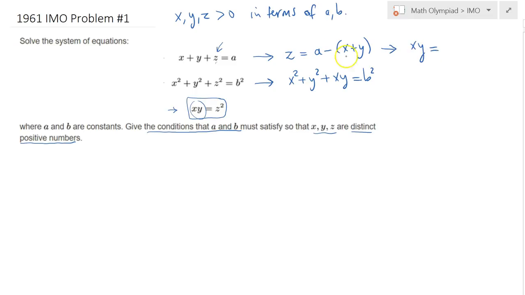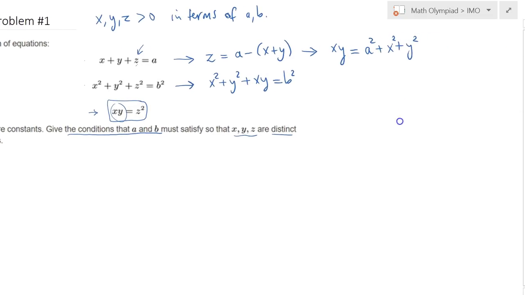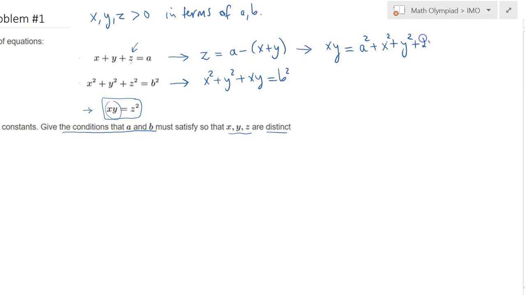And when I square the right hand side, I'll get a squared plus x plus y squared, which is just x squared plus y squared plus 2xy, and then minus 2 times a times x plus y.